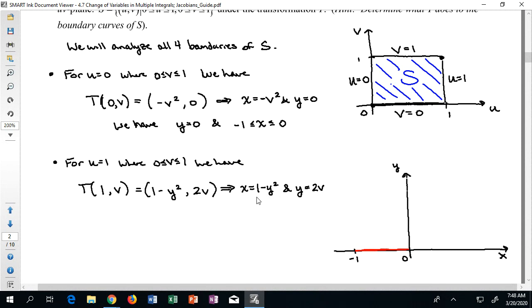So I can see over here that I have one side that can be graphed out as a nice red side of a picture for my region down here. But I can also see that y, since it depends on v, is going to be bounded between some values. If y is always double the size of v, and v goes from 0 to 1, then clearly y would have to go from 0 to 2.